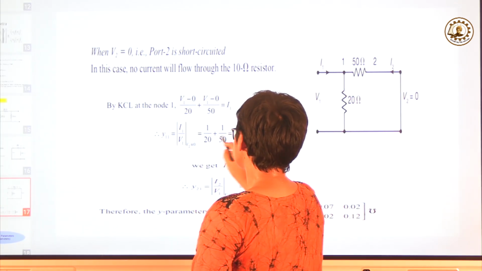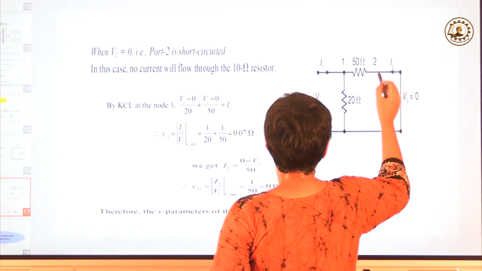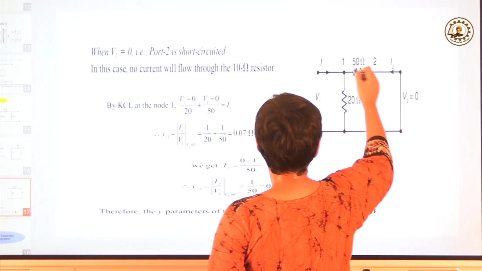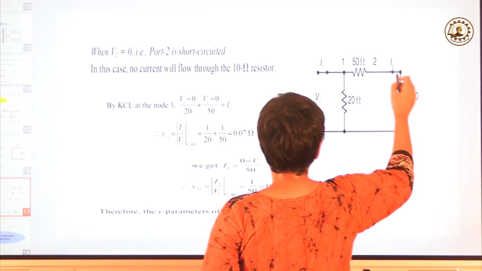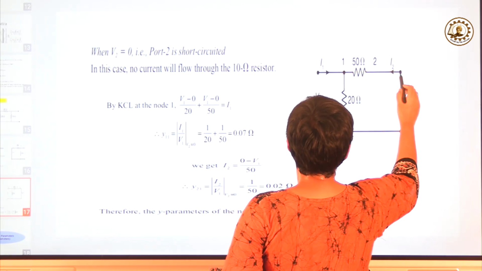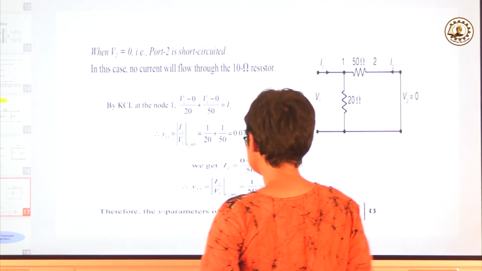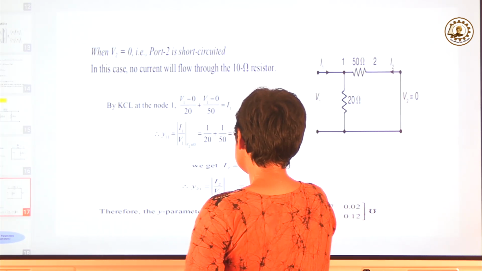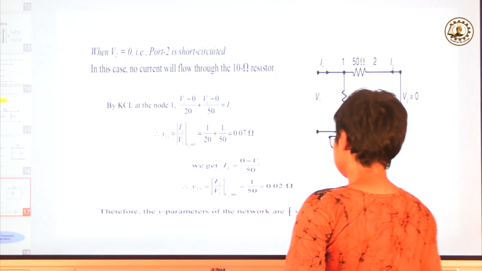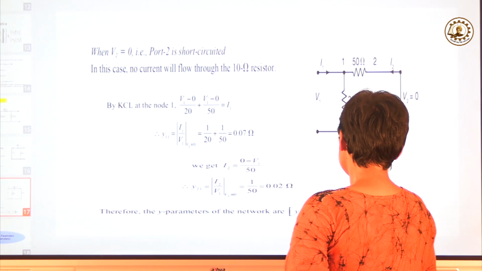So we will get Y11 by solving this, and I2 equals to 0 minus V1 divided by 50. By solving this, we will get Y21. So we get the Y parameters of the network.